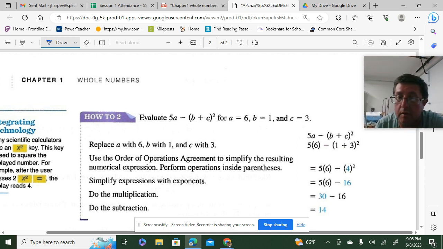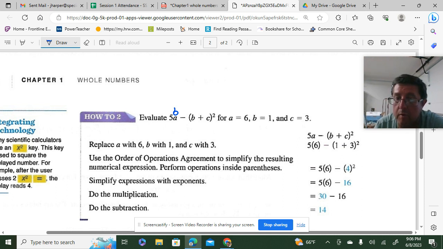So let's figure this out. Don't be looking down at the answer. A equals 6, so we go 5 times 6. Well, we're not going to worry about that yet because that is in parentheses.